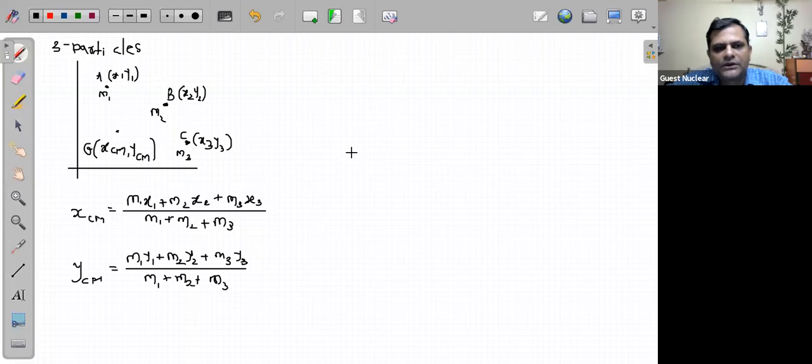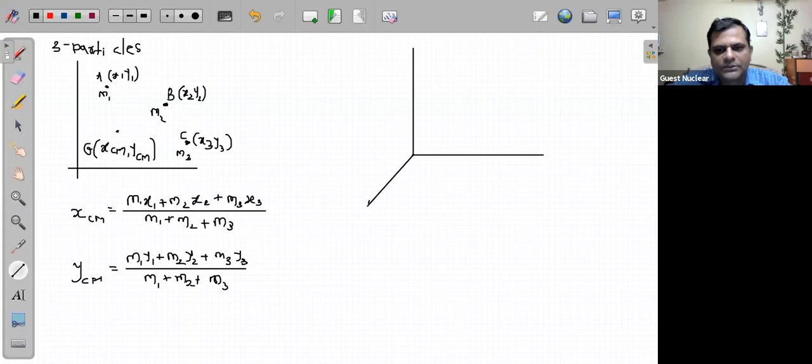Okay, one more thing we have to understand here is that we can generalize this formula for a three-dimensional coordinate system also. See here, suppose we have the x-axis, y-axis, and z-axis also in addition to that.